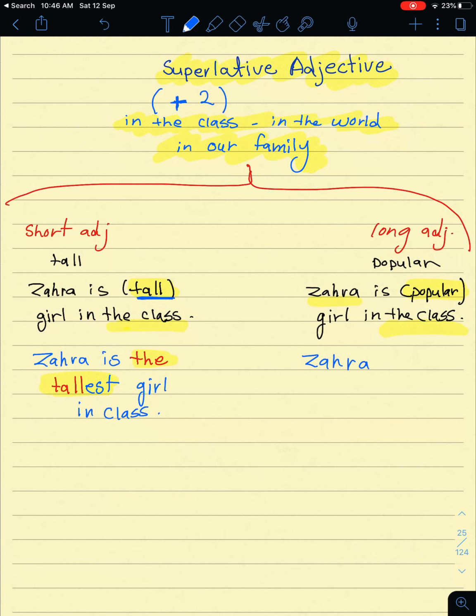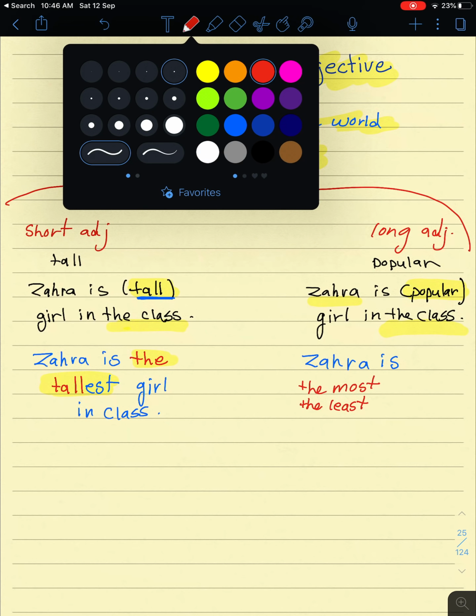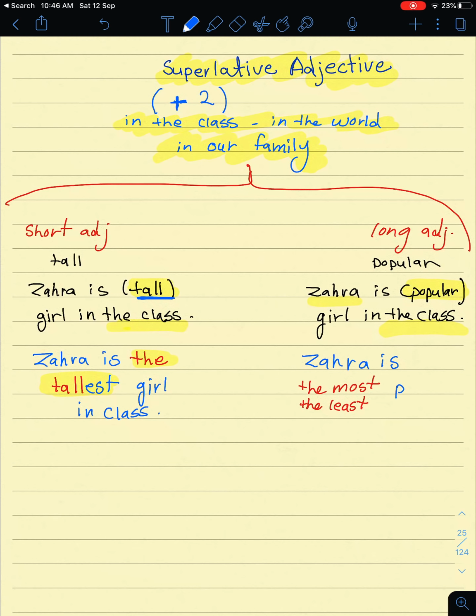Now the next one. Zahra is, okay, طبعا نفس الشيء. صفة طويلة ما أقدر أضيف لها أي شيء فأستخدم either the most حسب المعنى أو the least الأكثر أو الأقل. Okay. Popular نفسها الصفة.